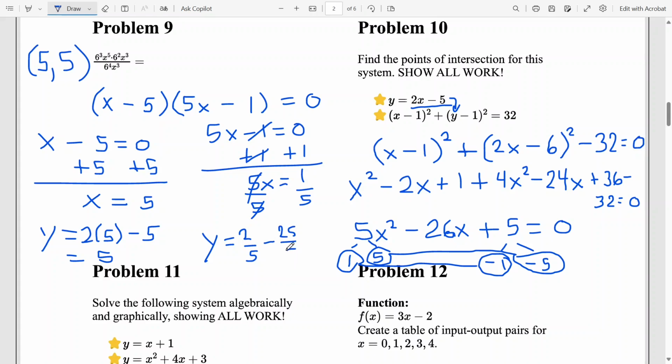Because 5 is 25/5. So it's negative 23/5. So the other point is going to be 1/5, negative 23/5. Also negative 4.6. So 0.2, negative 4.6, and 5, 5 are our points, which you could show in Desmos too, but it's kind of neat working it out like this.